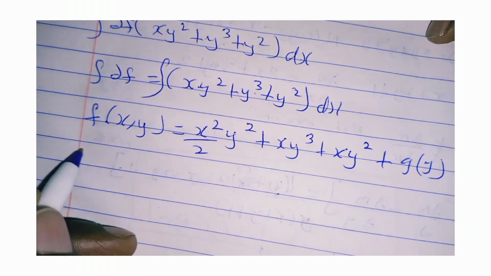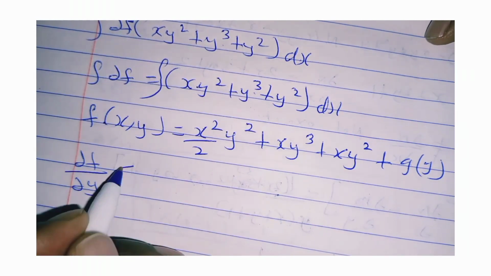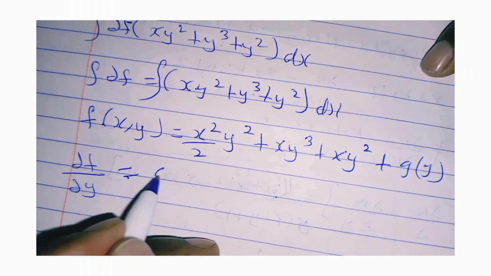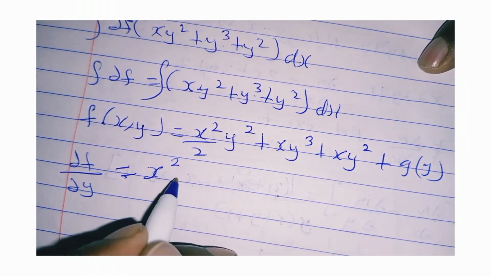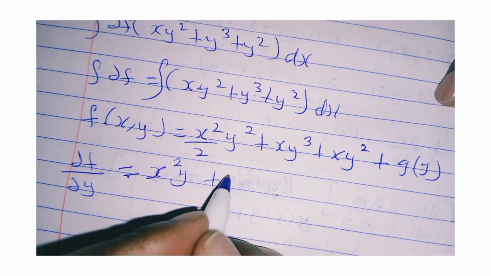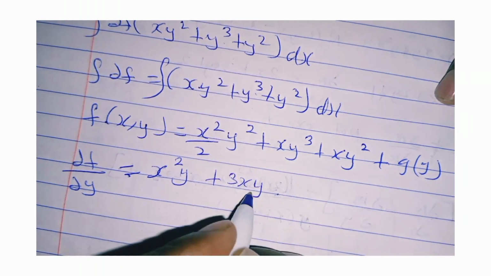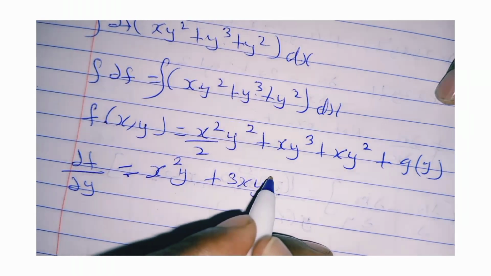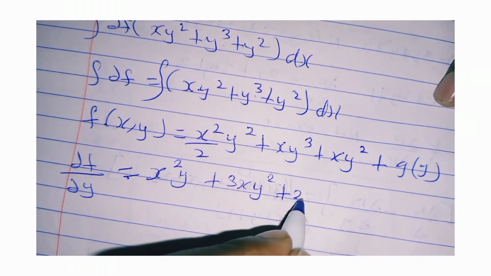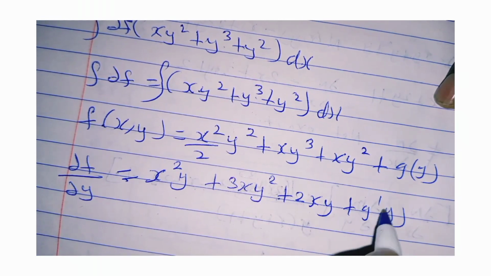Then you differentiate f with respect to y to obtain the following. Here we are going to obtain x squared y plus 3xy squared plus 2xy plus g prime of y.